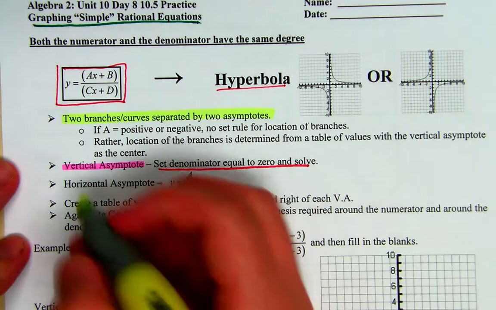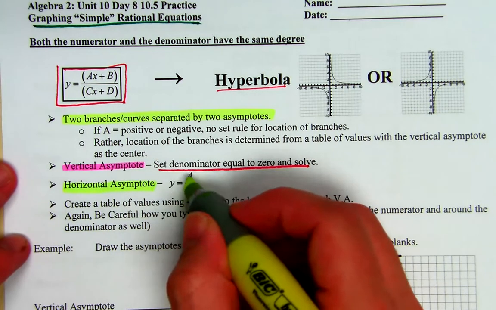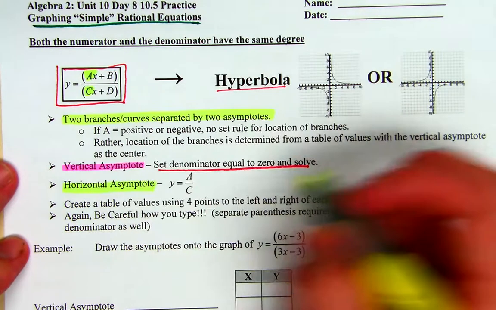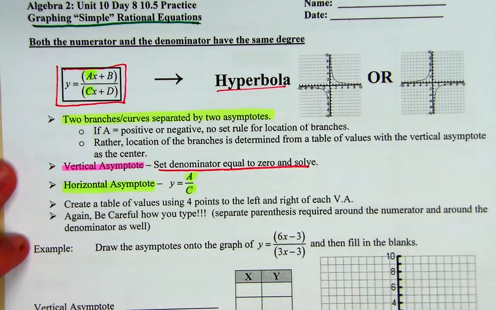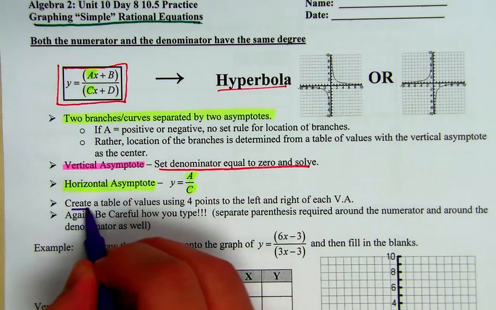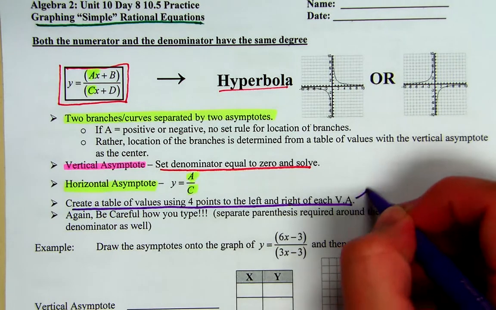Then we need to find a horizontal asymptote. That's y equals a over c. So we take this a and this c, a over c, and that's y equals. Then, after we do that, we need to create a table using 4 points to the left and the right of the vertical asymptote.